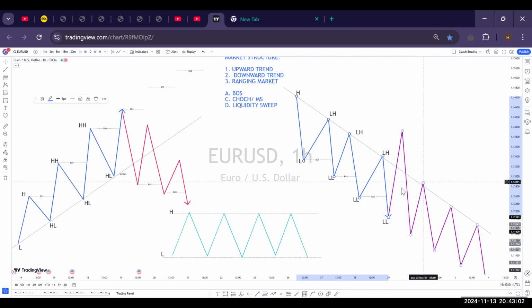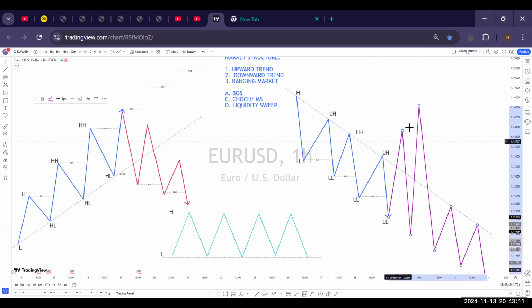If price sweeps your lower high, and instead of continuing the original direction, price breaks structure to the upper side, we can say that this is a change of character. But in a scenario where price sweeps your lower high, continues the original direction and breaks structure to the downward side, it's seen as a sweep of liquidity.